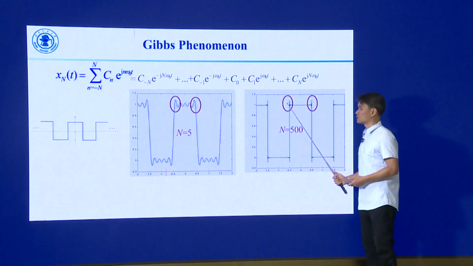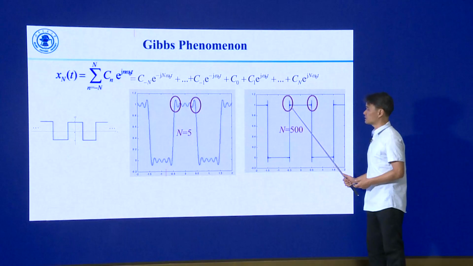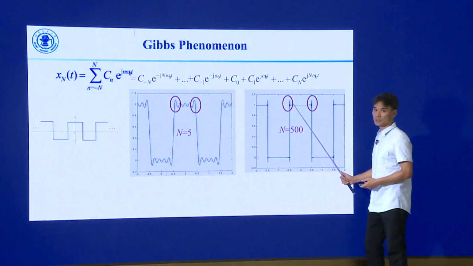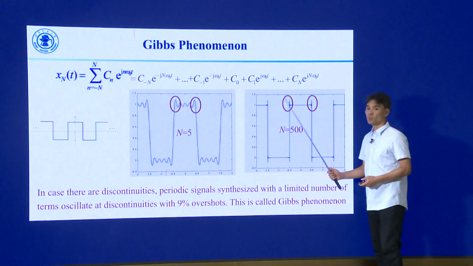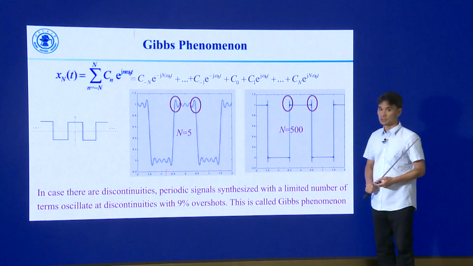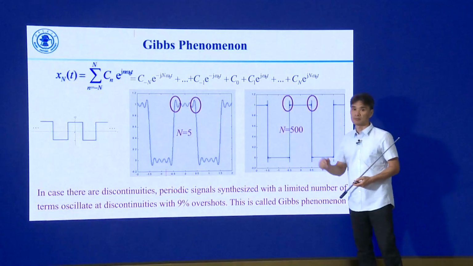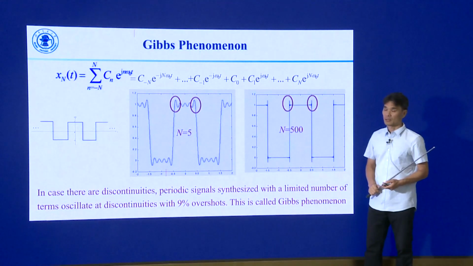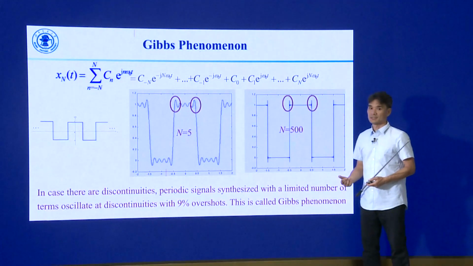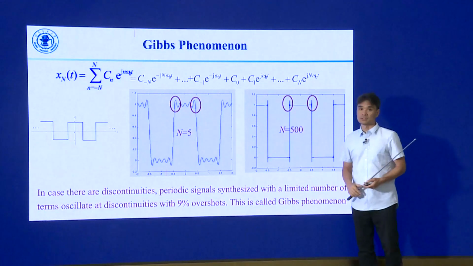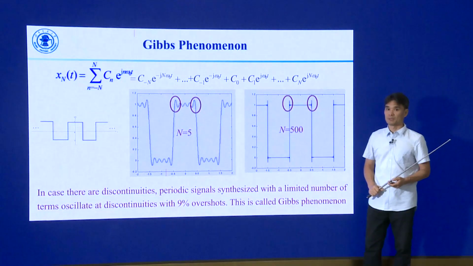This overshoot happens only at the discontinuity point, and the percentage of the overshoot will not change, even if you change the number of harmonics. It will not go away unless n is equal to infinity.